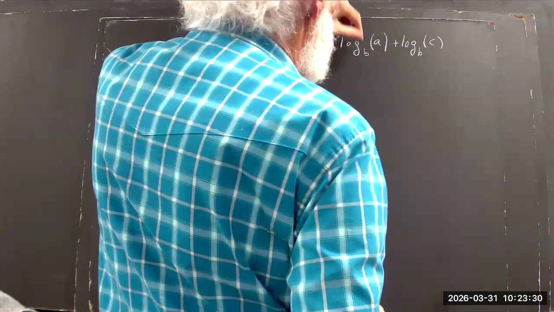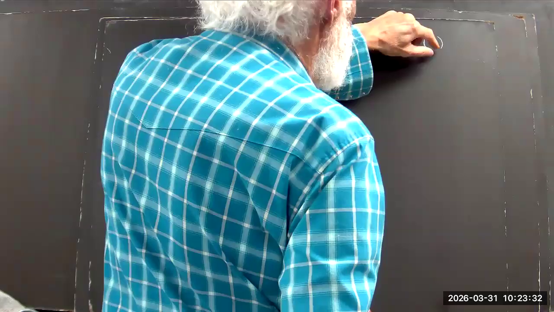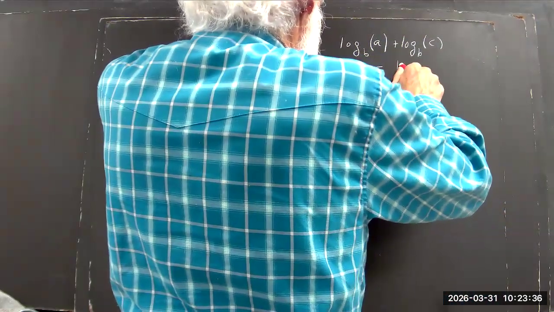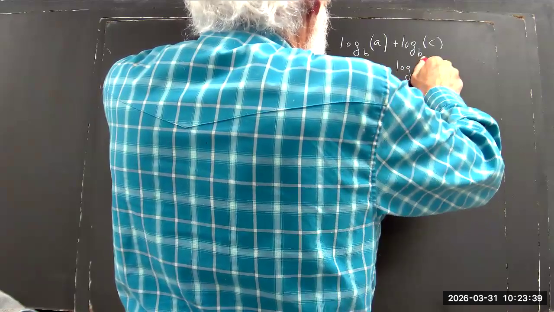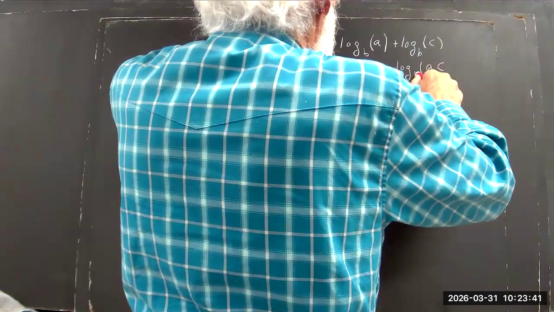I'll say log base b of a plus log base b of c equals log base b of a times c.